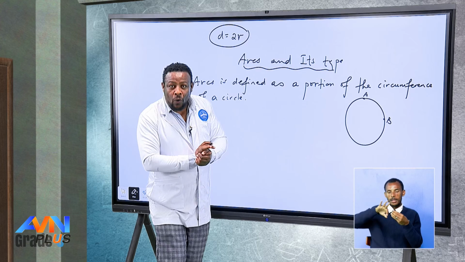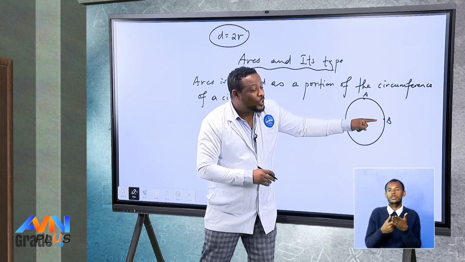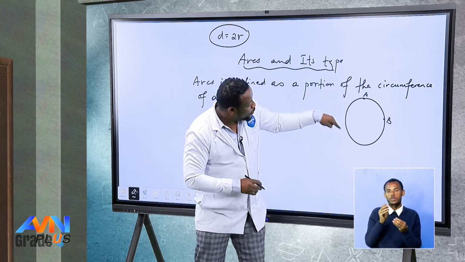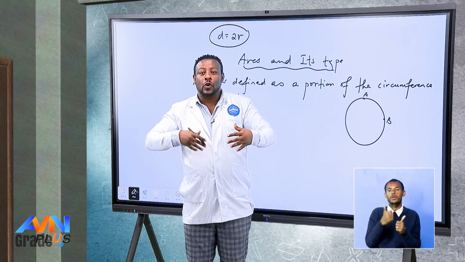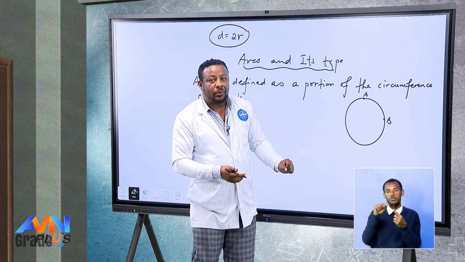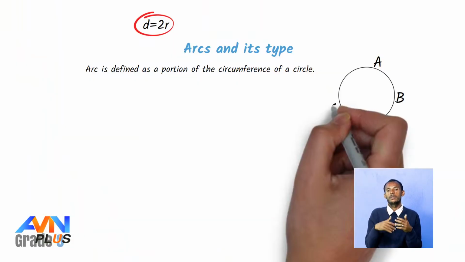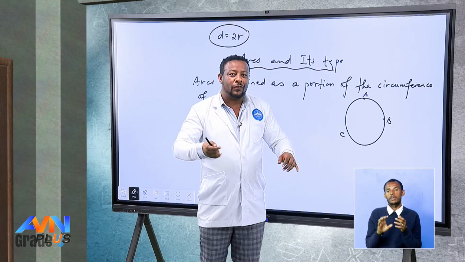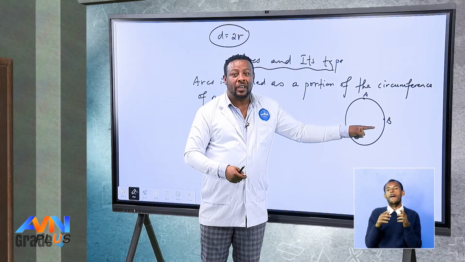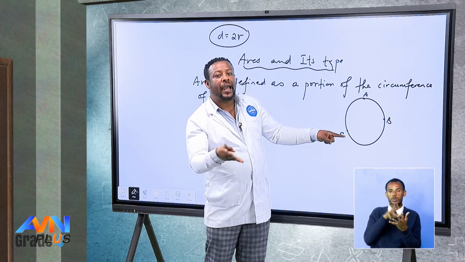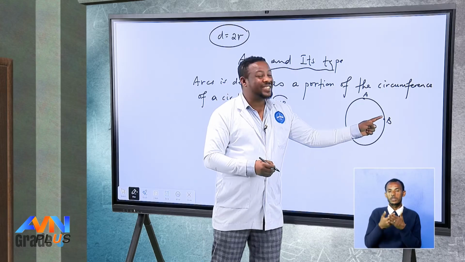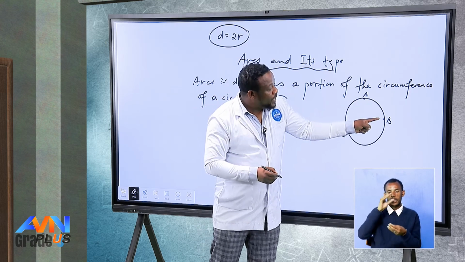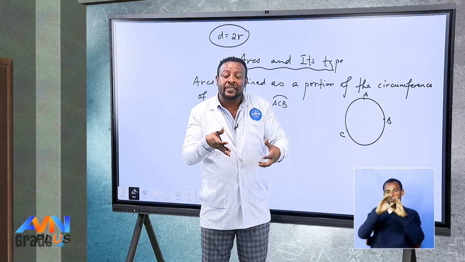You can also say this other part is also arc AB, but to avoid confusion about which arc you are talking about, for example if you have some other point C, and you want to talk about the bigger arc AB, you need to include C between A and B. So arc ACB is this part of the circumference, and arc AB is the smaller portion of the circumference.